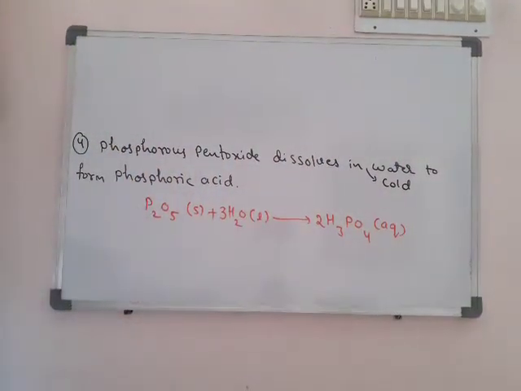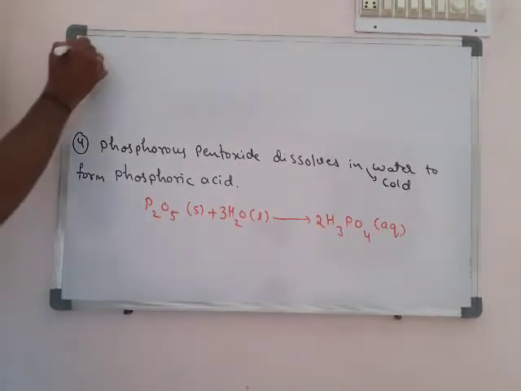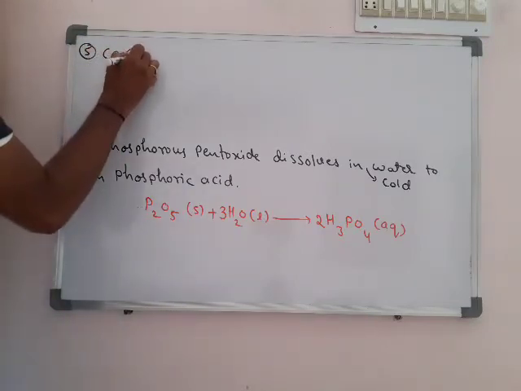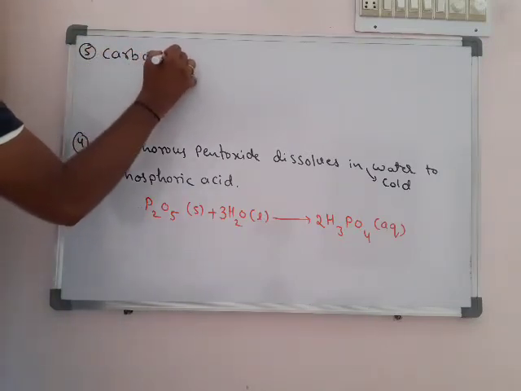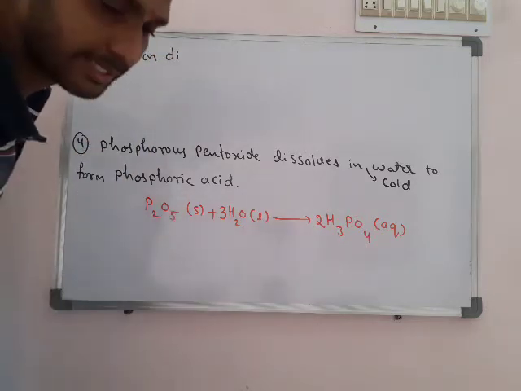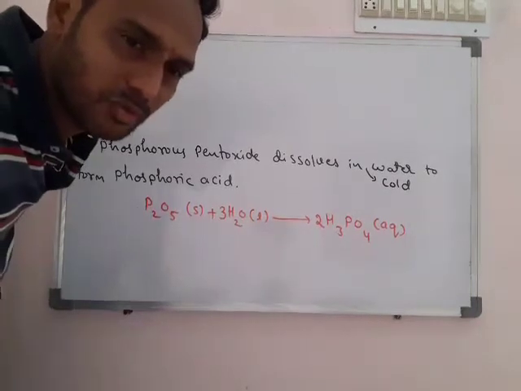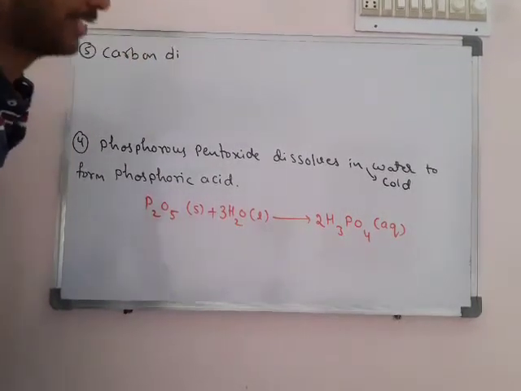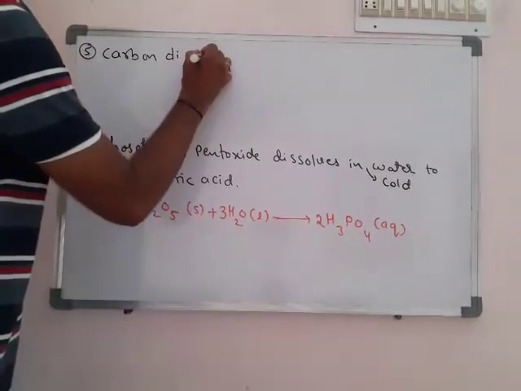Okay, we see one more reaction, that is with carbon dioxide. Carbon is also a non-metal. We are talking about its oxide. So carbon also forms two types of oxide: carbon monoxide CO and carbon dioxide CO2. Here we are taking carbon dioxide.